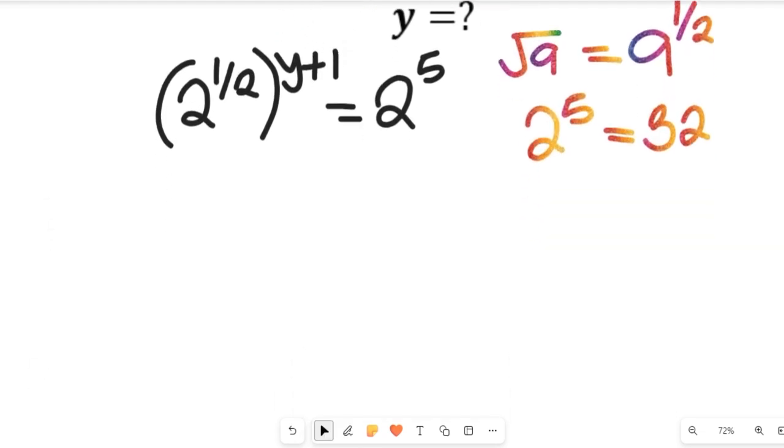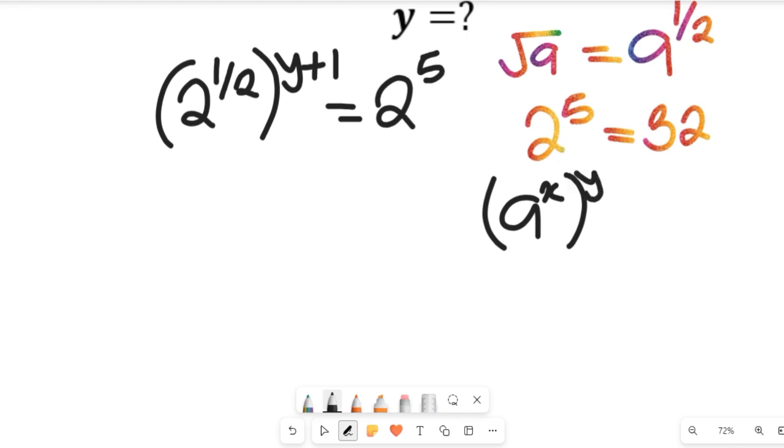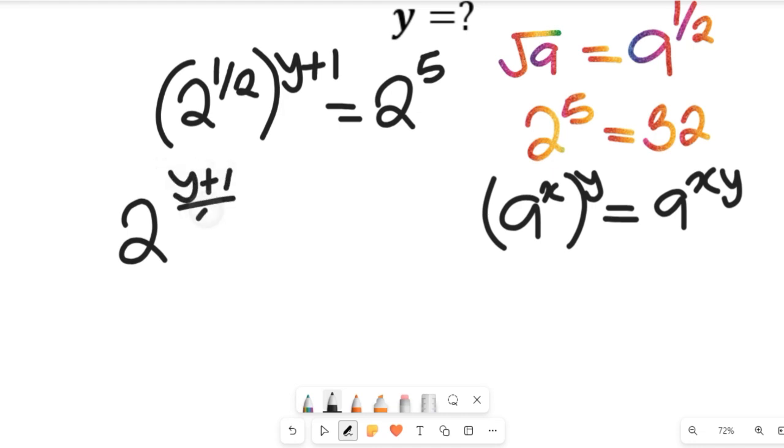Now, having simplified that, we can also apply a law of indices that states that if you have a to the power of x multiplied by y, this can be equal to a to the power of x what? Y. Knowing that the two exponents will multiply, this will give us 2 to the power of y plus 1 divided by 2, and this will be equal to 2 to the power of 5.